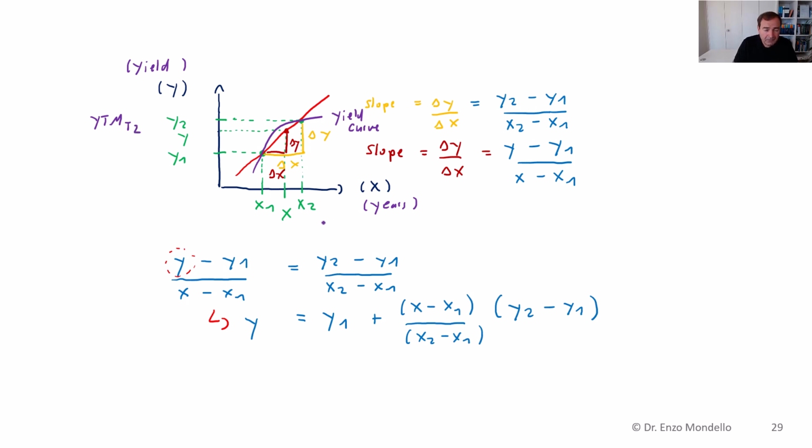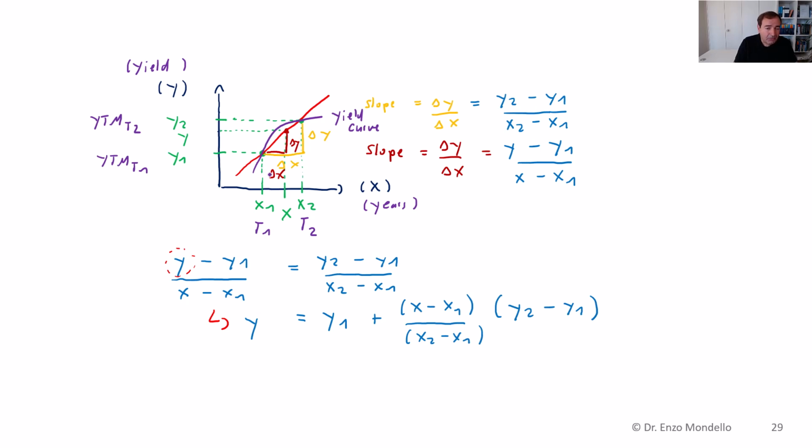And obviously the time to maturity is then T2 for this yield to maturity. And Y1 is then the yield to maturity of the government bond with the shorter time to maturity. So we take here the yield to maturity T1 and the time to maturity is given by T1.